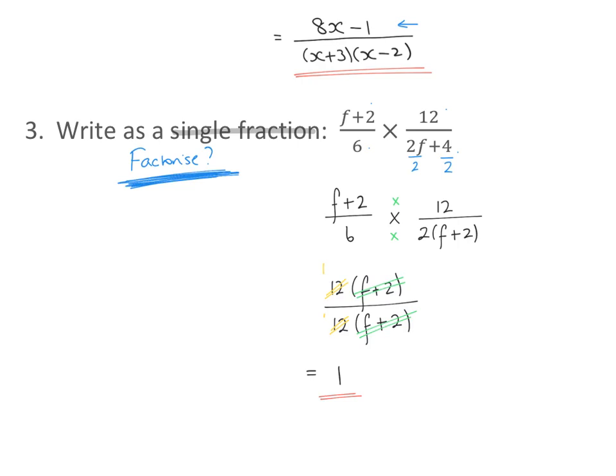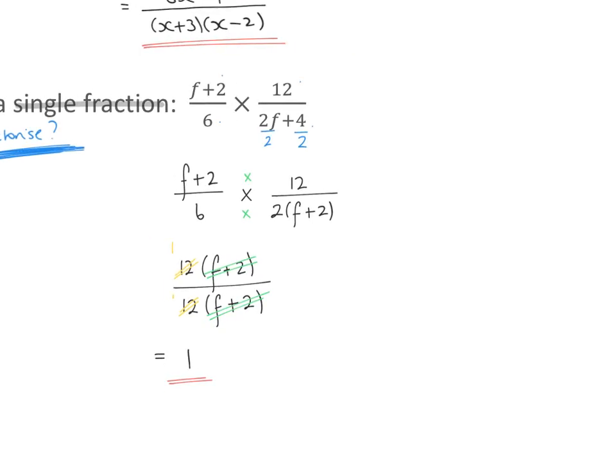So that's my answer. Now my alternative over here, so or once we get to this stage, some of you will prefer this. Once we get to this stage, we can actually cancel down here. So we can cancel, for example, the f plus 2 and f plus 2 here.